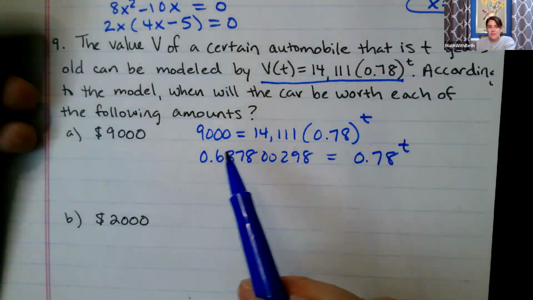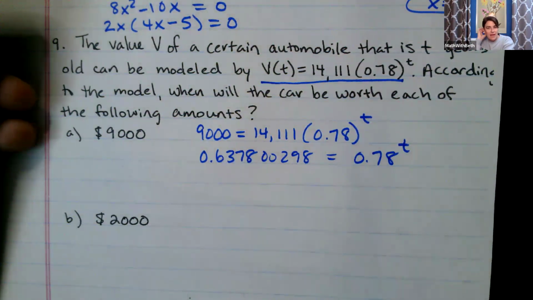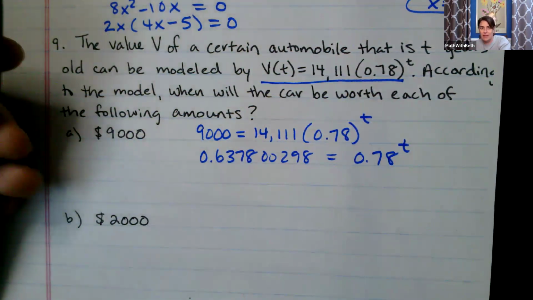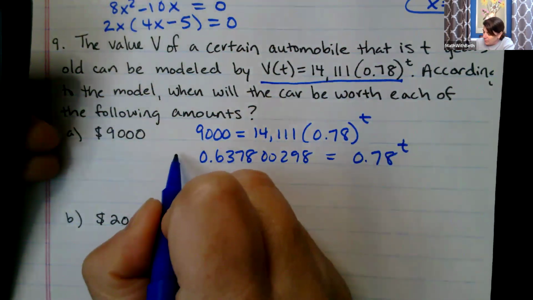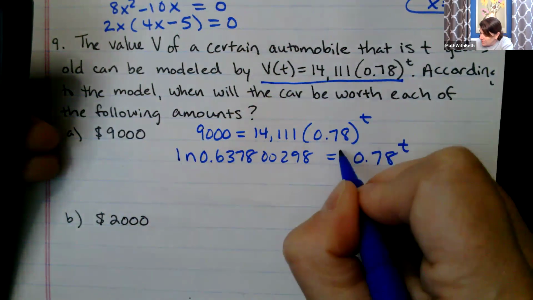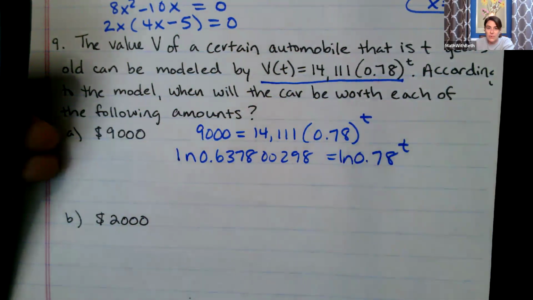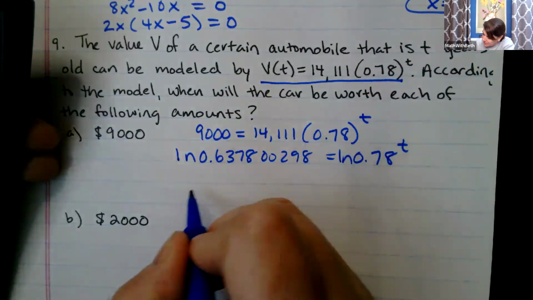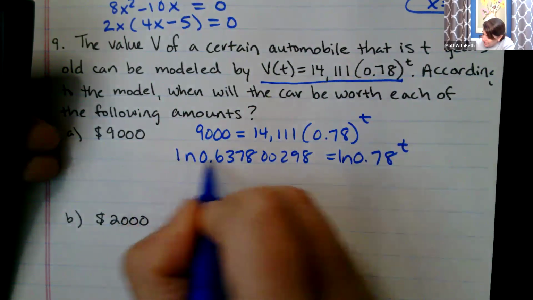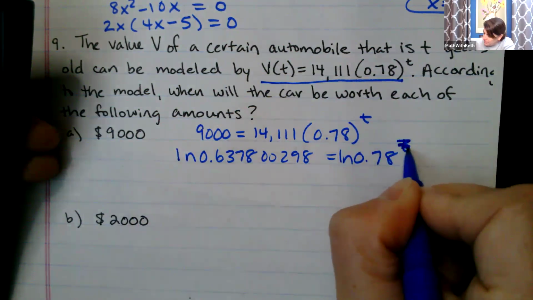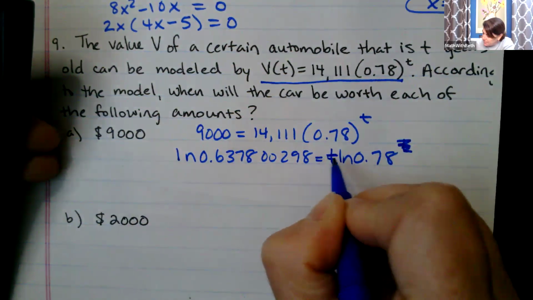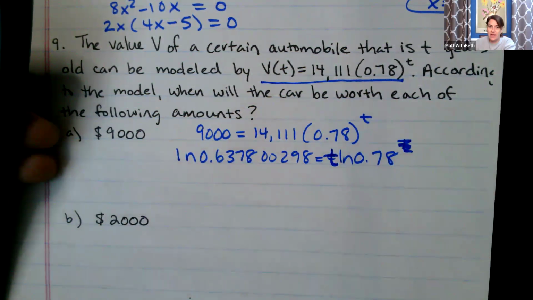And then the easiest way to bring that exponent down is to do the ln trick. So if I do ln of both sides here, then that exponent's going to be allowed to come down. So this becomes ln of all of this equaling t times ln of that.